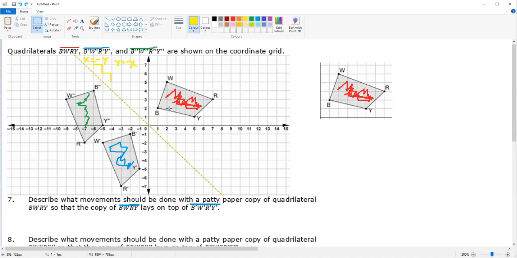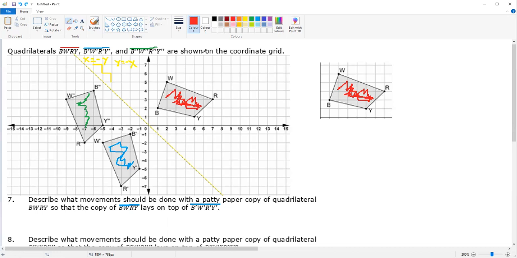So that's a reflection across the y equals negative x line. If I had patty paper, I could flip it and show it, but I can show you with the coordinates I just used.